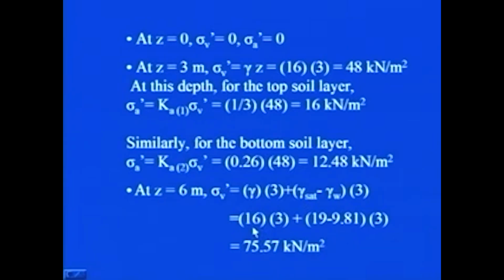So 16 into 3 plus (19 minus 9.81) into 3 results in 75.57 kilonewton per meter square. So at z is equal to 6 meter, your effective vertical stress is 75.57 kilonewton per meter square.